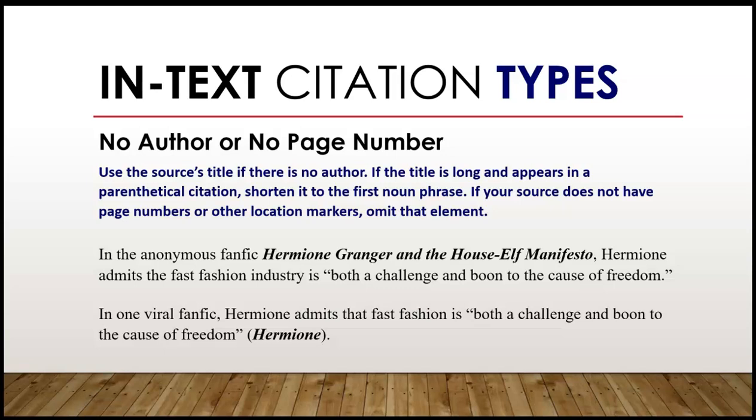If your source does not have page numbers or other location markers, omit that element. So we can see the full title here, Hermione Granger and the House Elf Manifesto. Fantastic. And we can see a shortened version down here, Hermione. Shortened because on your works cited page, your reader will find the entire title. And this way it won't clutter up your paragraphs and sentences.